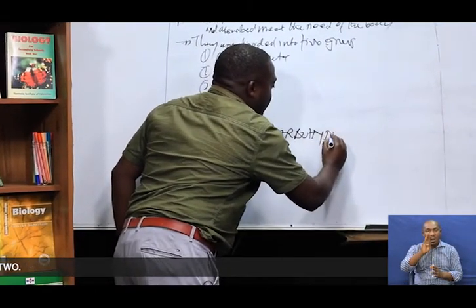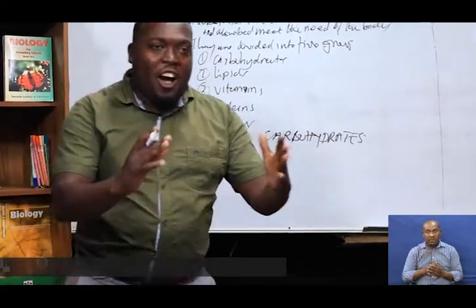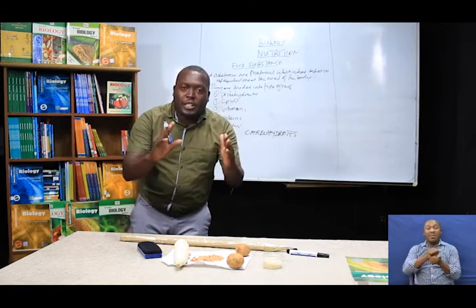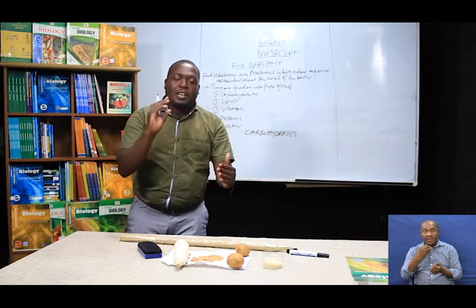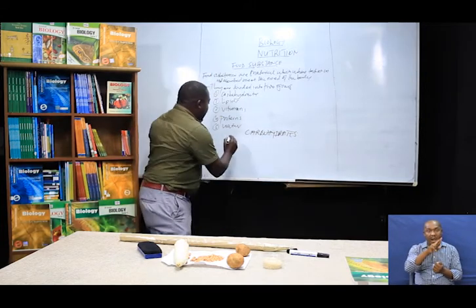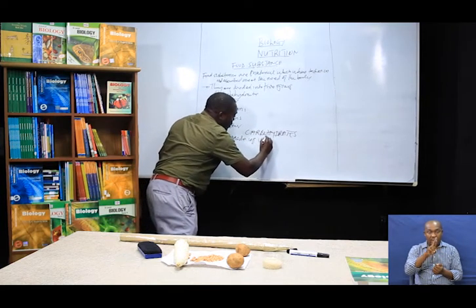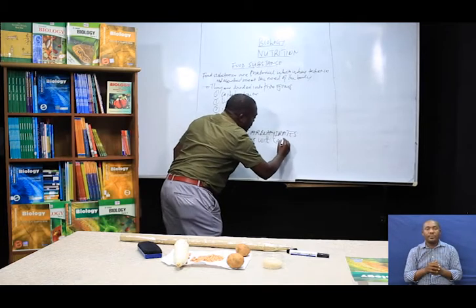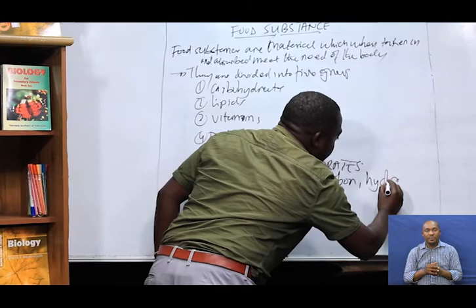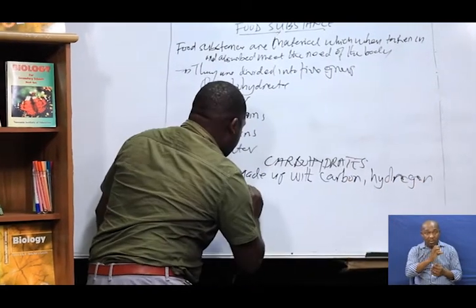Carbohydrates. Now, what is carbohydrate? Carbohydrates are the materials or food substances that are made up of carbon, hydrogen, and oxygen.